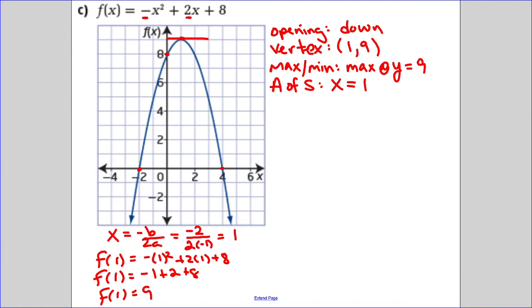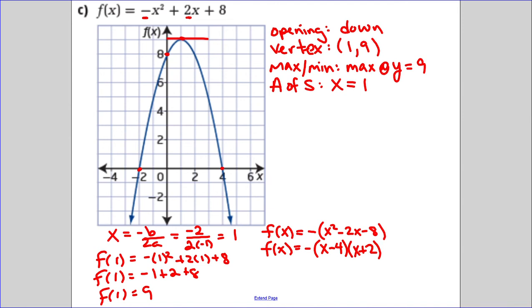We can see the x-intercepts here. Maybe we can factor this to see what's there. So f of x is equal to, and then check to see if it factors. Again, it looks like minus 2 and 4. If I factor out that negative first, then I've got x squared minus 2x minus 8. And so then f of x is equal to negative (x minus 4)(x plus 2).